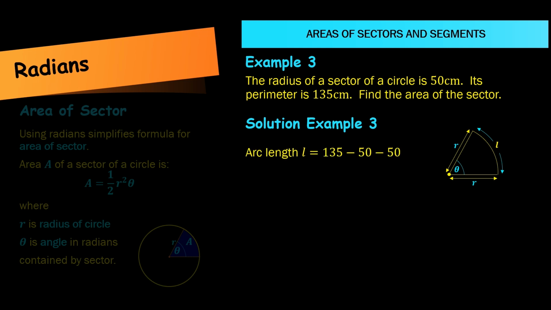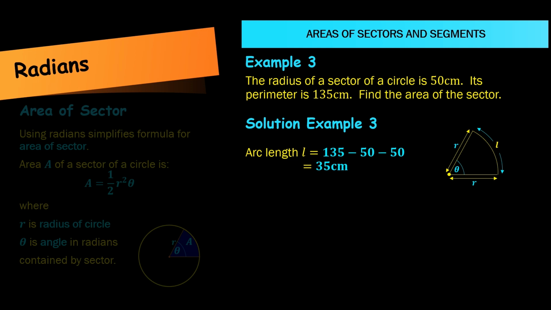Now the arc length L, as shown in the diagram, is equal to 135, which is the perimeter, minus the 2 radii. Each of the radii is equal to 50 centimeters, so therefore L is equal to 135 minus 50 minus 50.